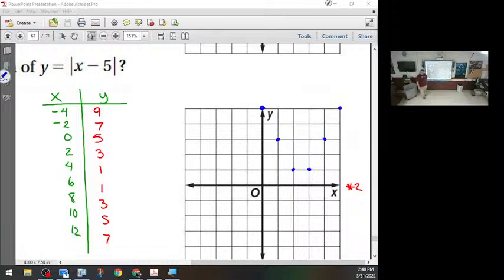You can see where it's going, right? What happens if right here I stuck in a 5? It would be 0. Because it's right halfway in between there.